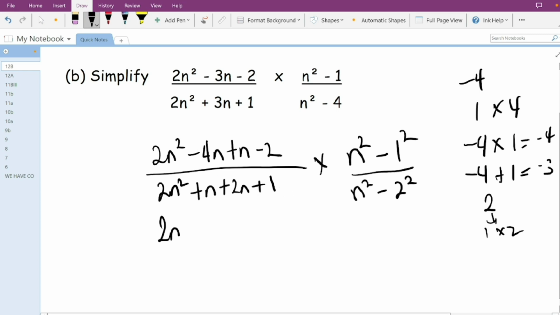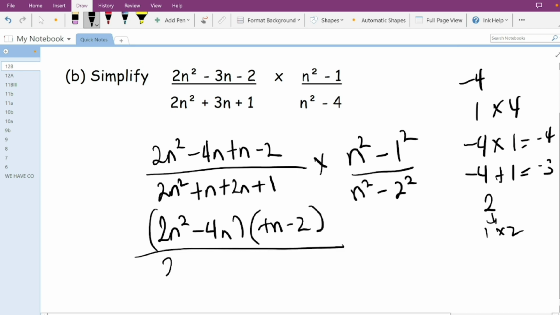So we have 2n squared minus 4n in brackets, then plus n minus 2 in brackets, over 2n squared plus n in brackets, then plus 2n plus 1 in brackets, because this 2n owns this positive sign, so you put it in brackets.